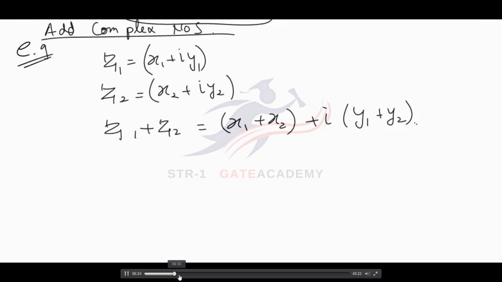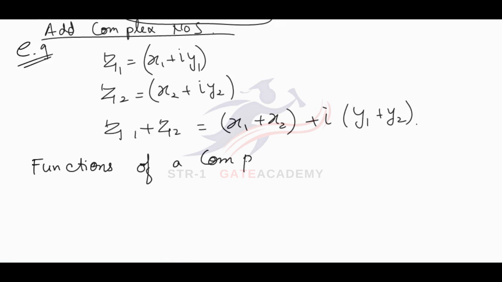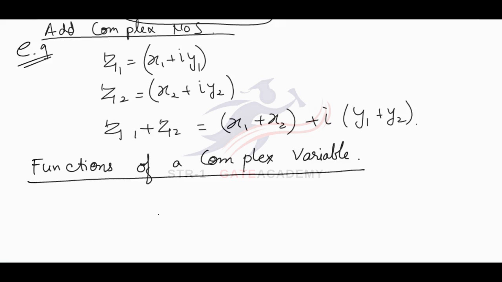Right. What we want to understand here is functions of a complex number or a complex variable, which we call complex functions, denoted by W. The functions in Z, where Z is x plus iota y.